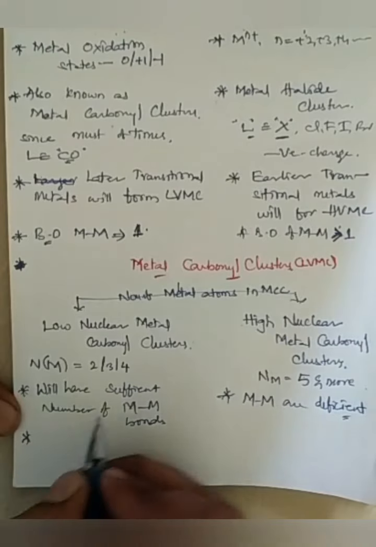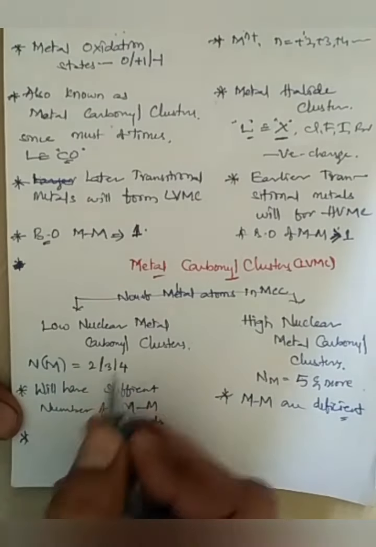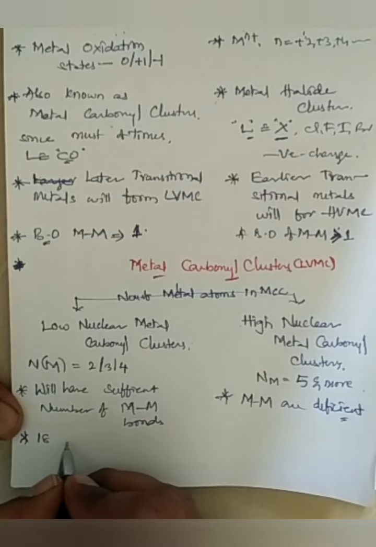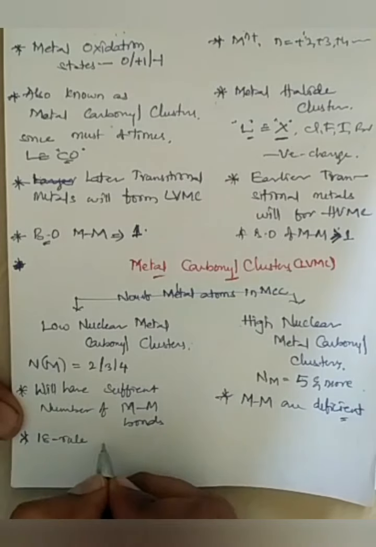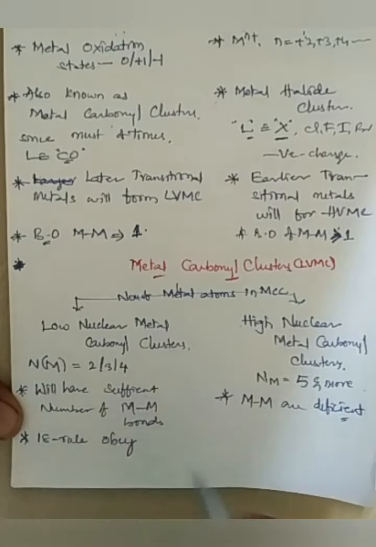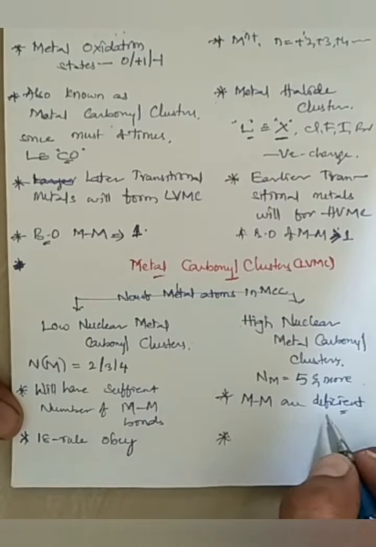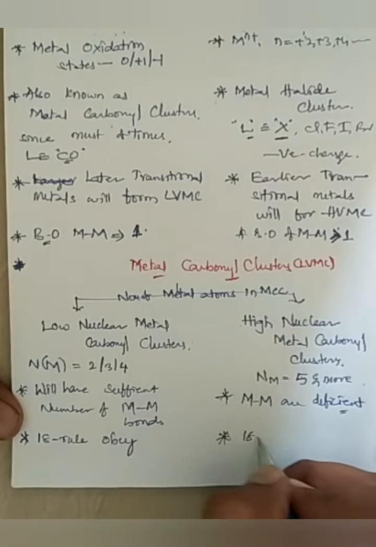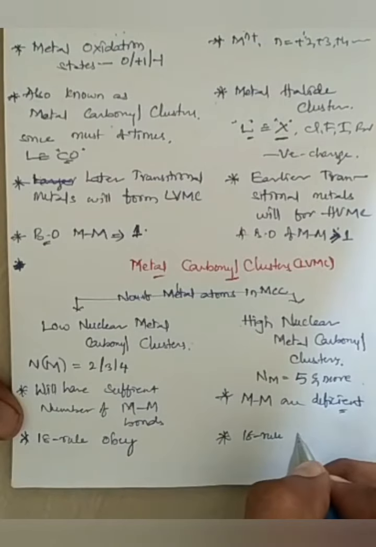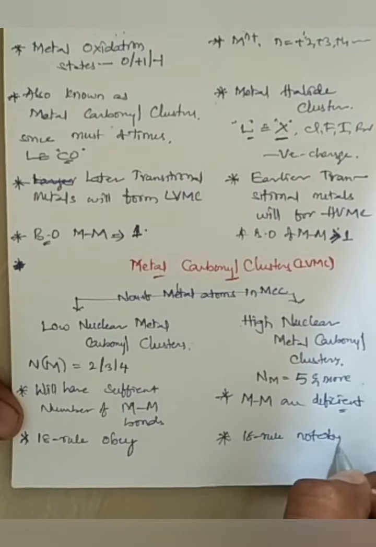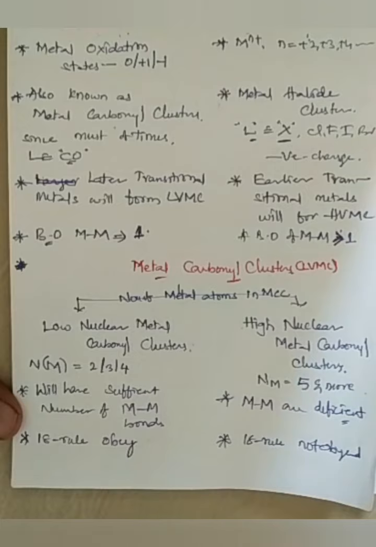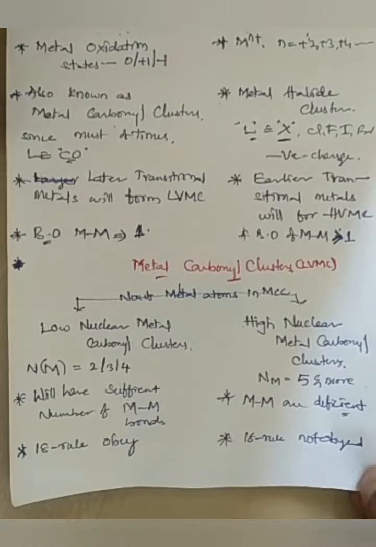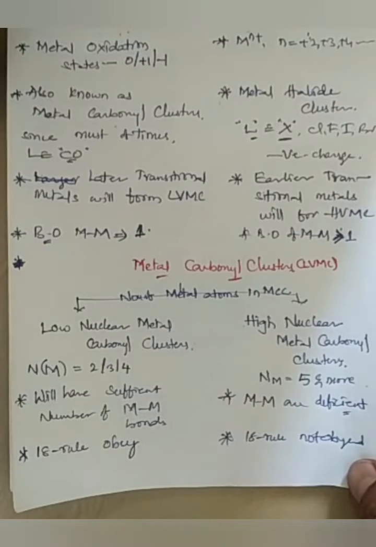So having a sufficient number of metal to metal bonds, the low nuclear metal carbonyl clusters will obey the 18 electron rule, and having a deficiency in metal to metal bonds, the high nuclear metal carbonyl clusters will not obey the 18 electron rule, right? So thus the metal carbonyl clusters are there.